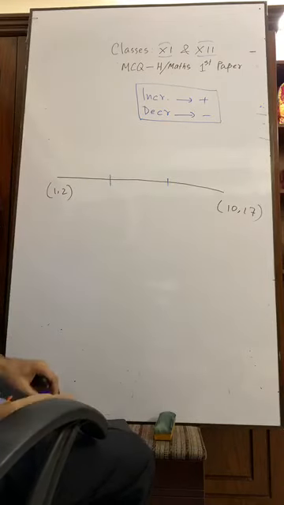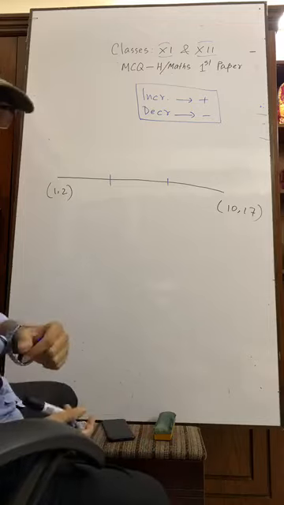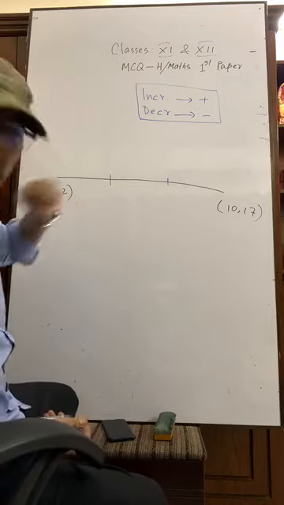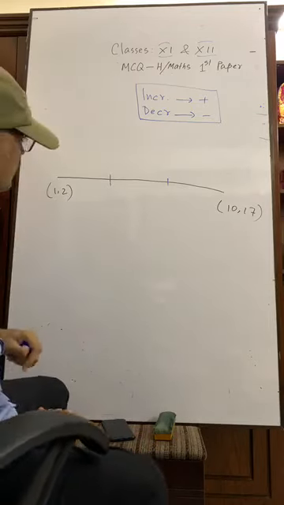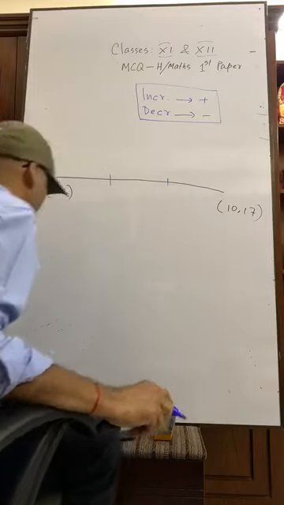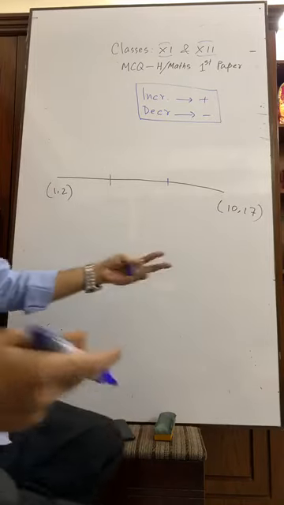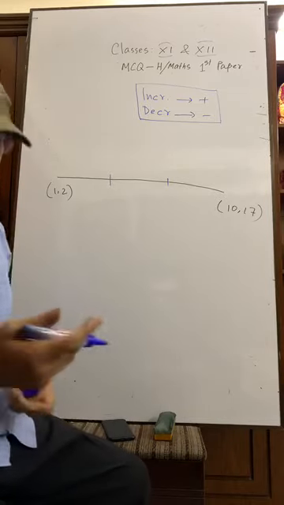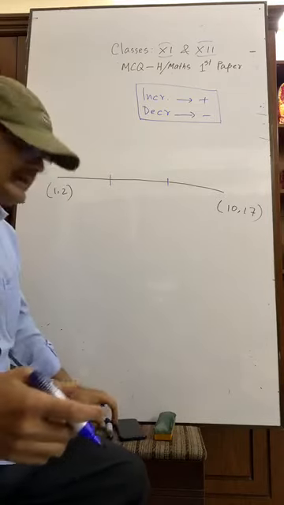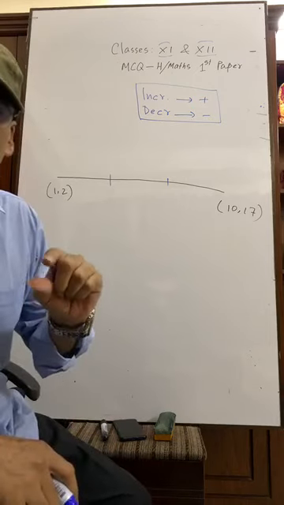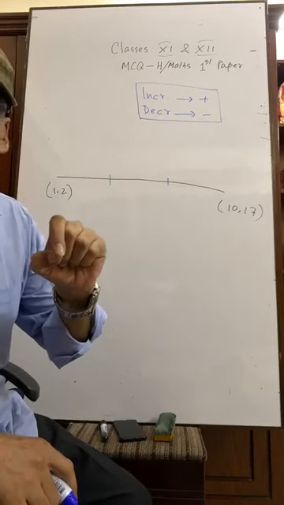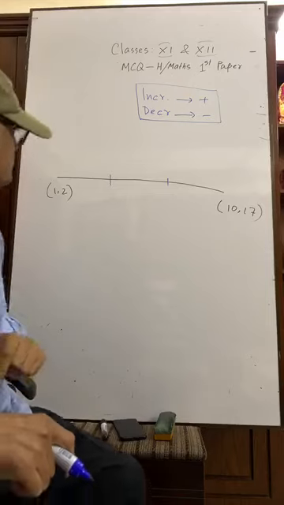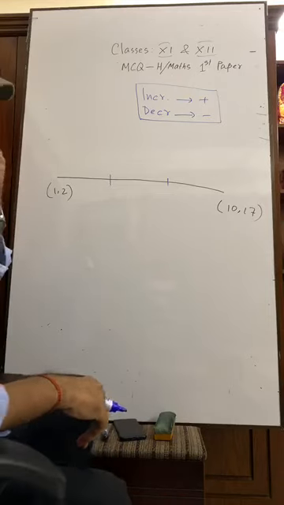We have to determine the coordinates of this point and this point. What will you do? Just see. I know that for this you use a formula. Sometimes you forget the formula in the exam hall. But what I am showing you is the shortest technique to answer the MCQ. Please see. Pay attention.